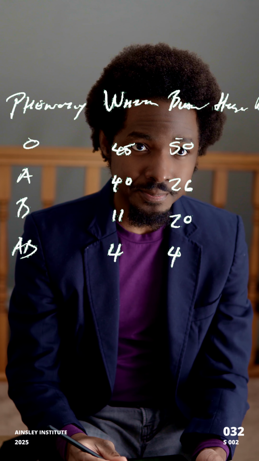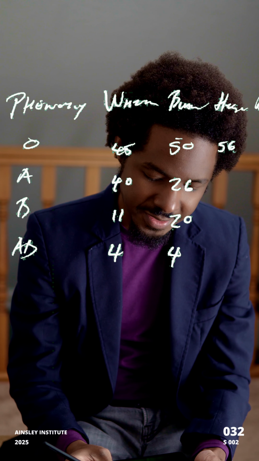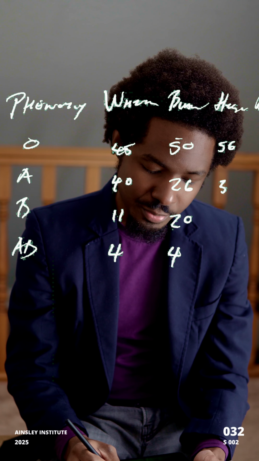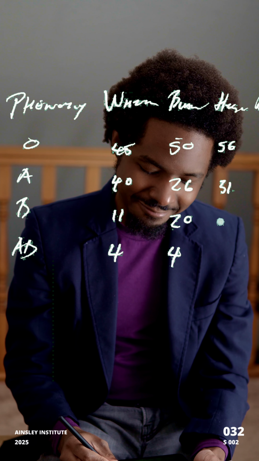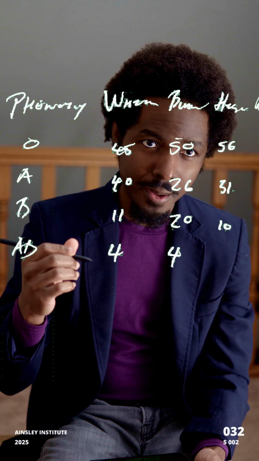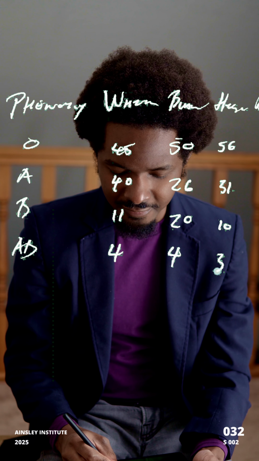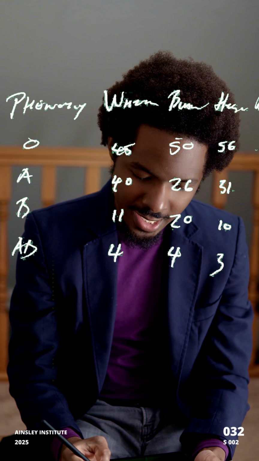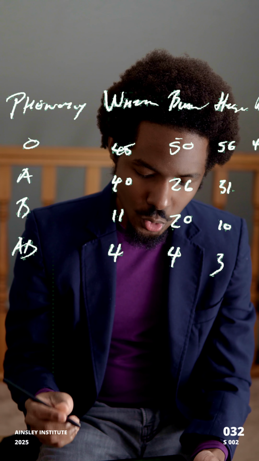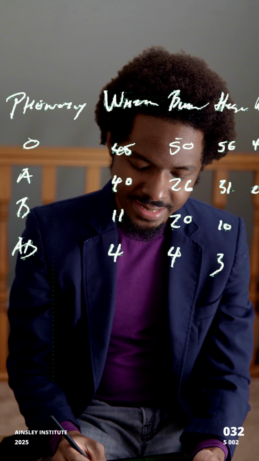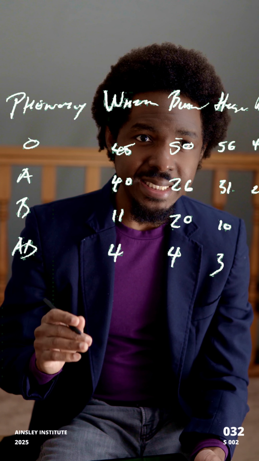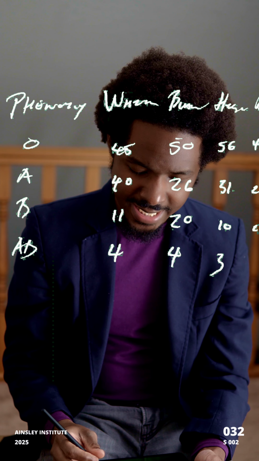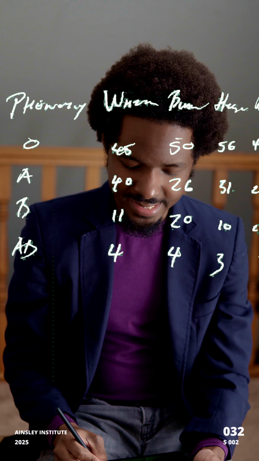Now for the Hispanics, we have more persons, 56% being O, and then we have 31% being A, we have 10% being B, and we have 3% being AB, right? Now for the Asians, we have 40% being O, we have 28% being A, approximately 25% being B, and AB is 7%.